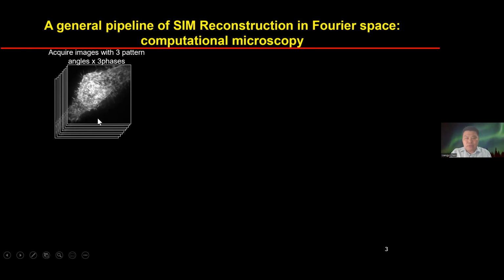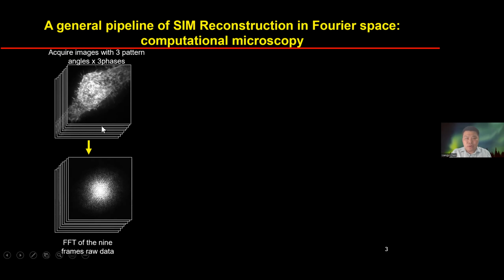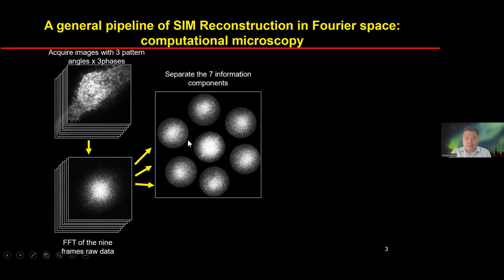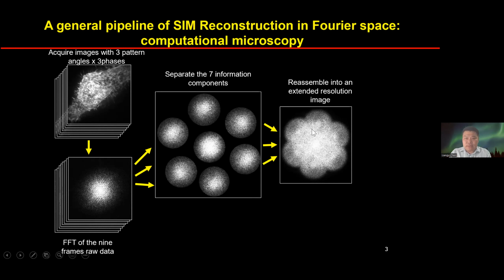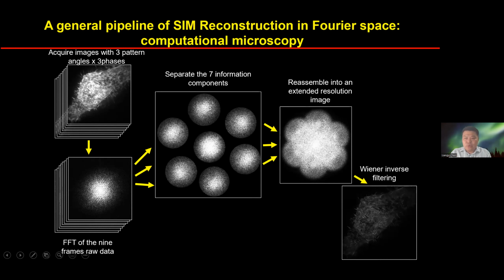After you capture 9 images, you do a Fourier transformation to convert into the frequency domain, and then you separate the high frequency information and stitch it together in the frequency domain, and then you do an inverse filtering or inverse Fourier transformation.